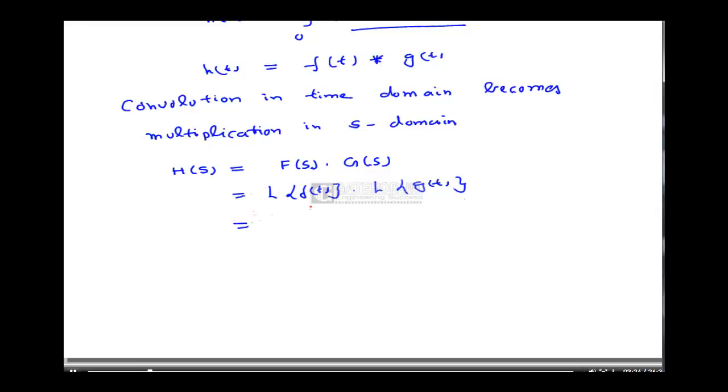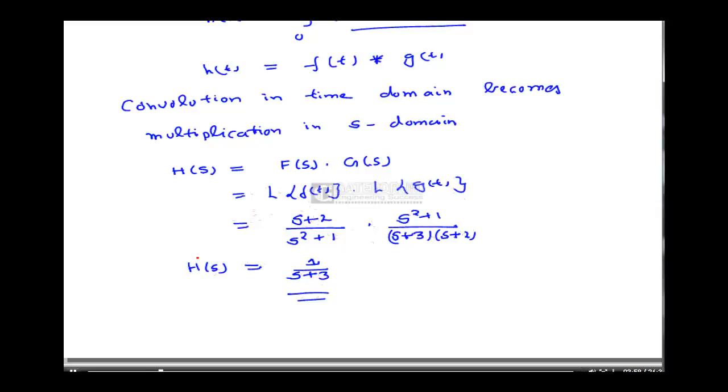This will become (s plus 2) upon (s square plus 1) dot (s square plus 1) upon (s plus 3)(s plus 2). So this will be 1 upon (s plus 3). This is my H(s). So this is the way of solving this problem. Very simple problem. We have just multiplied the given two Laplace transform expressions and got the answer.